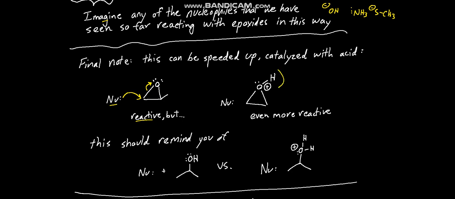We get this activated oxygen, basically. And the nucleophile can come in, same mechanism. But notice these electrons are going to want to go to the oxygen even more now because they're going toward a full positive charge, which certainly is the direction they want to go. So that's even more reactive. It's catalyzed, it's speeded up.